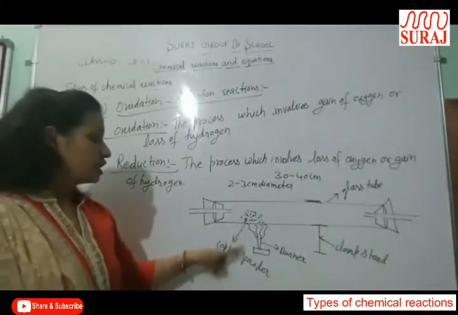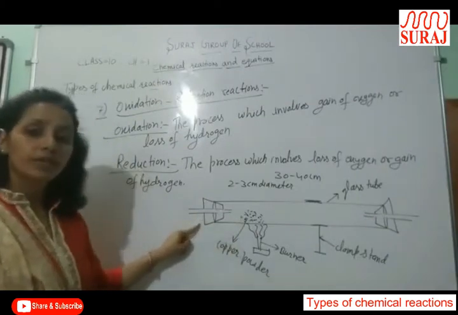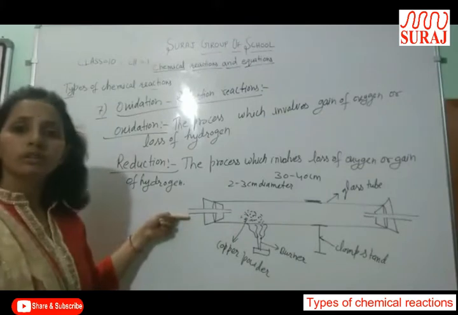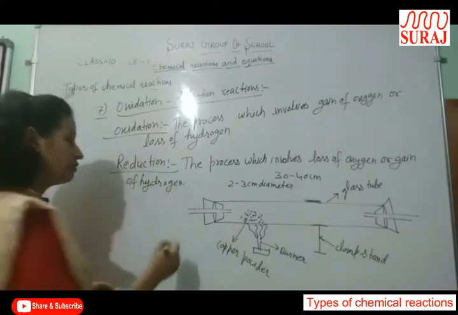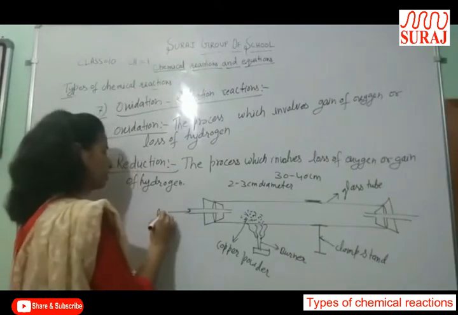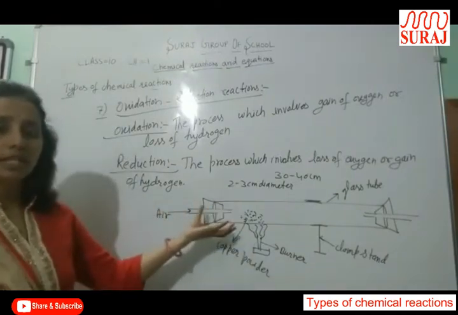The copper powder is placed in the glass tube, a rubber cork is fitted, and a small thin glass tube is also fitted with the rubber cork. We supply air and start a burner to give it heat.